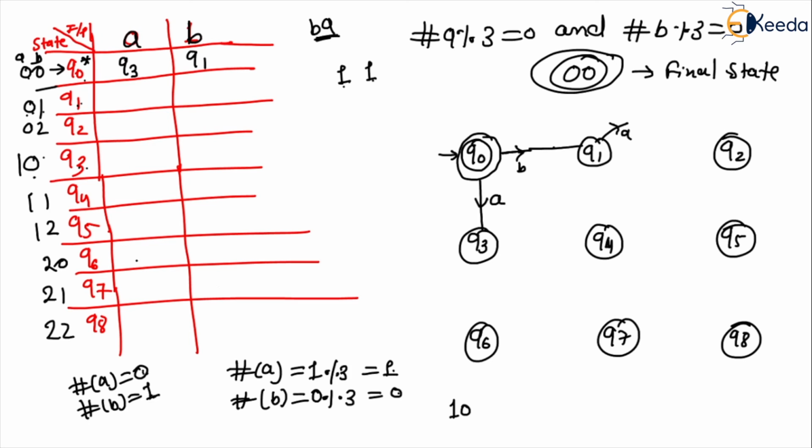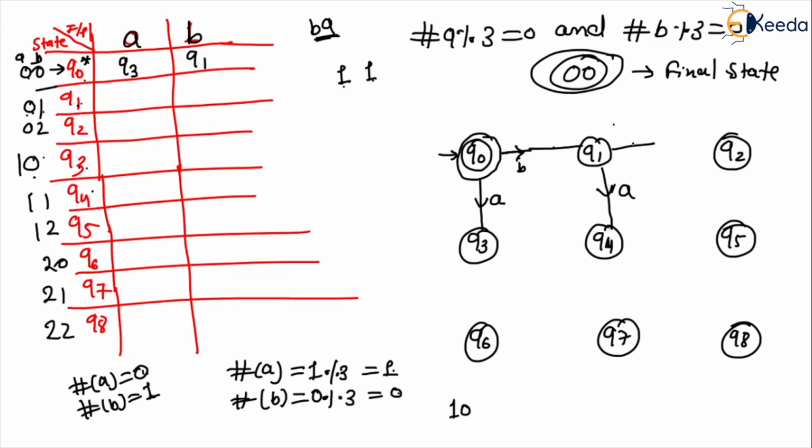So which state has remainder 1? That is Q4. Means when you apply the input A on the state Q1, it goes to the Q4 state. Got it? So B and A transition to the Q4 state because the string BA generates remainder 1 and the state of remainder 1 is Q4.